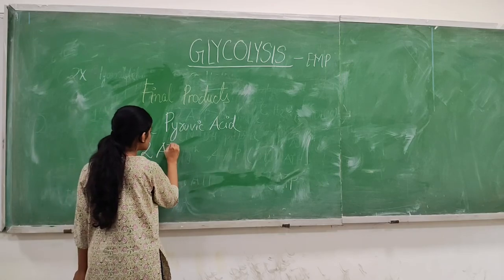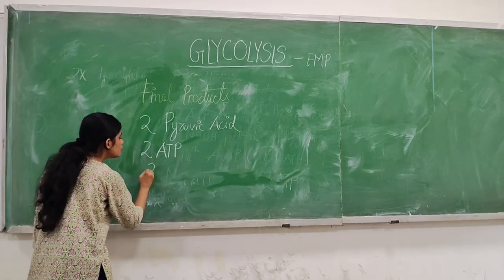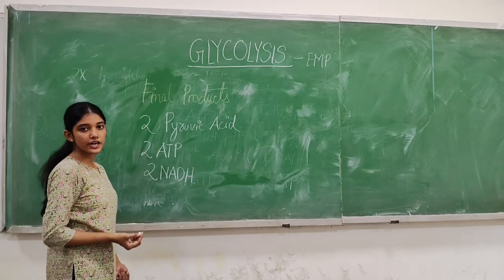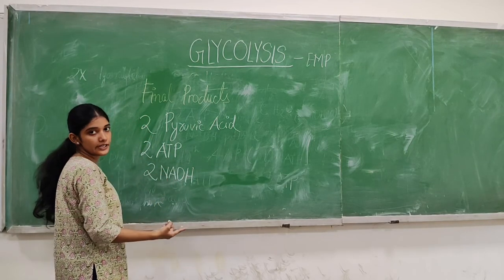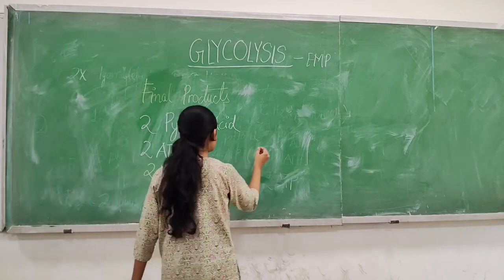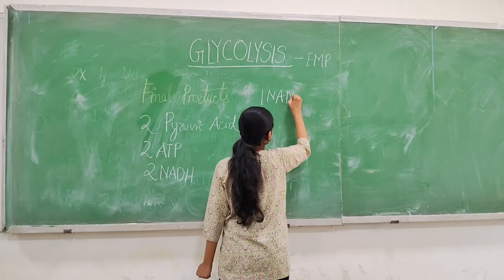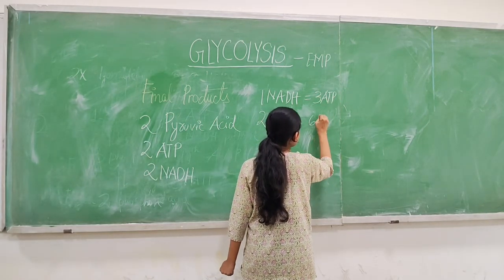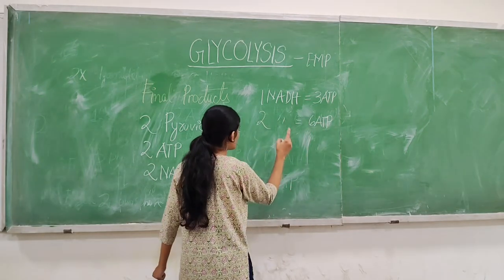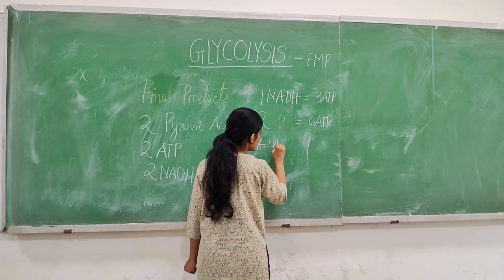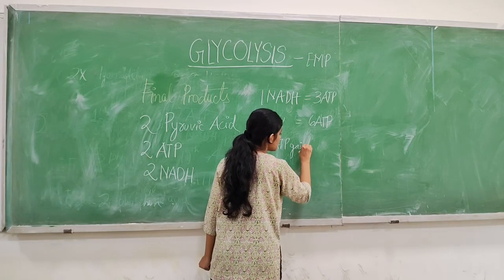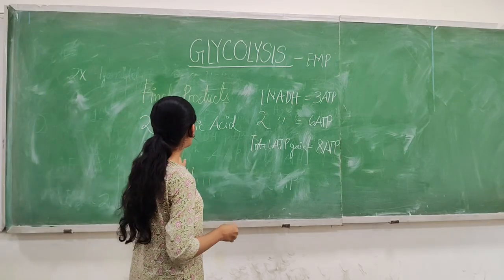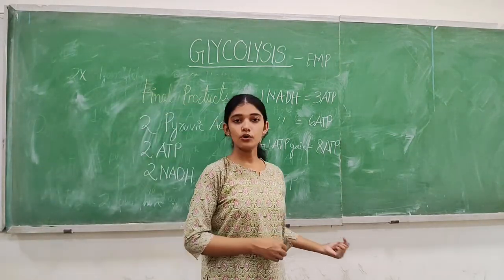Then 2 molecules of ATP, the net gain of ATP, and 2 molecules of NADH. In oxidative phosphorylation, 1 NADH can produce 3 ATP, so 2 molecules will produce 6 ATP. So total ATP gain would be 8 ATPs. But by substrate level phosphorylation, there would be a gain of 2 ATPs. That's all for glycolysis.